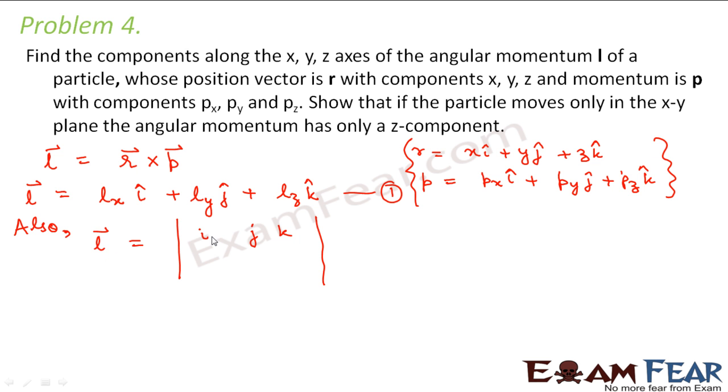So we can write L as the determinant of i, j, k, then r, which is x, y, z, and then p, which is px, py, pz.